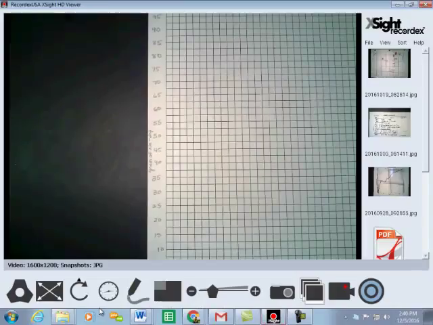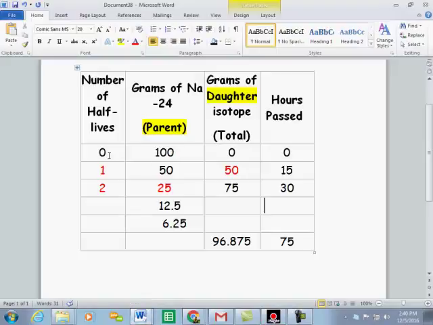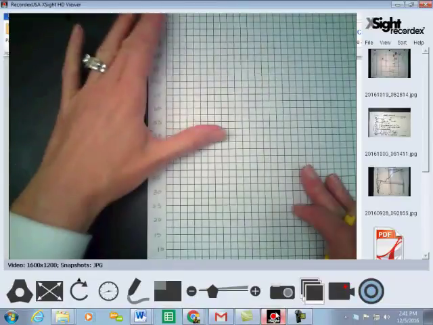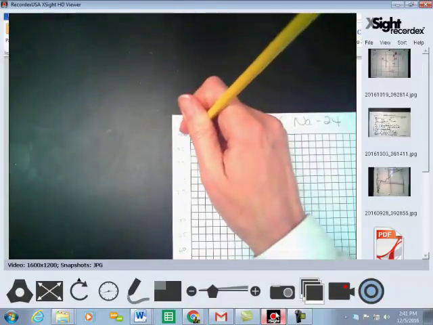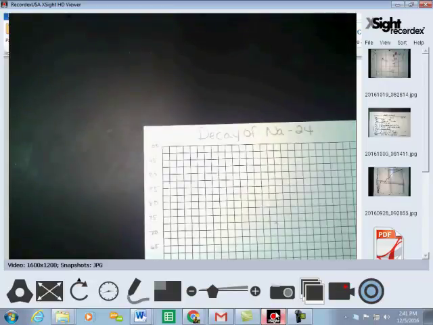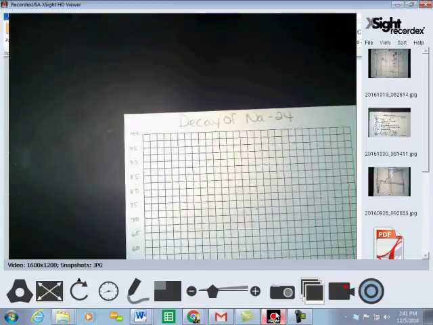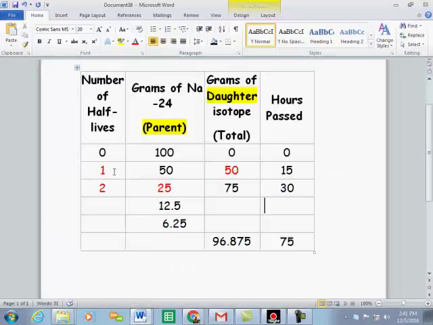So at the very beginning, at 0 half-lives, I have 100 grams of the parent, and no daughter. So let's graph the parent first. At 0 half-lives, I have 100 grams of the parent. For the first half-life, I have 50 grams.